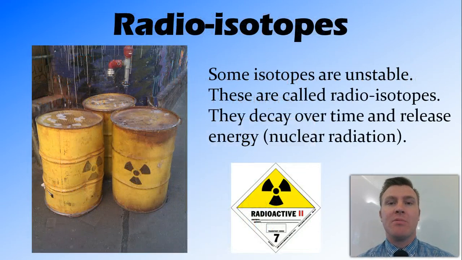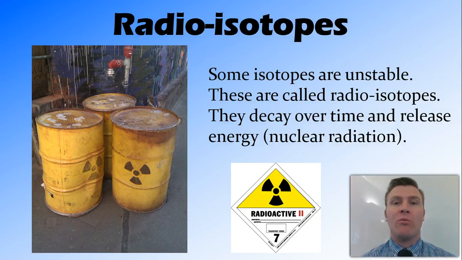Okay, so it's mentioned before that carbon-14 is unstable, and it's what we call a radioisotope or a radioactive isotope. And what happens with these radioisotopes is that they decay over time. So what's basically happening is in the nucleus, because of the number of neutrons as opposed to the number of protons, as the nucleus gets bigger, the forces holding the nucleus together become weaker.